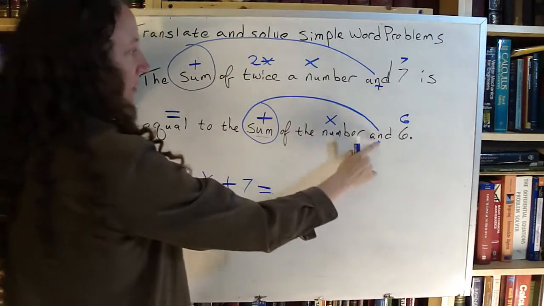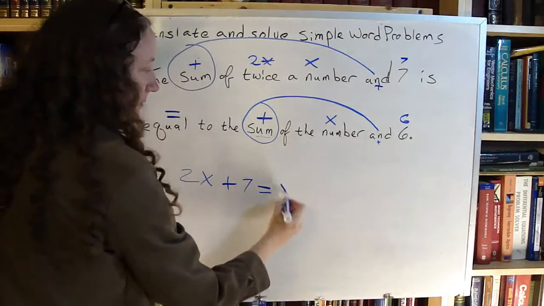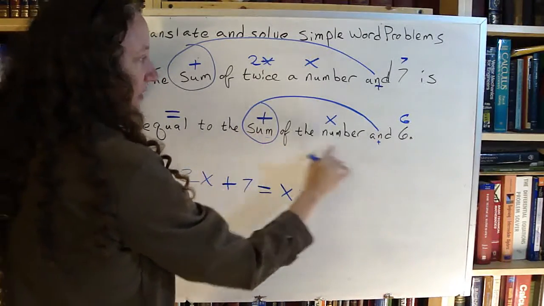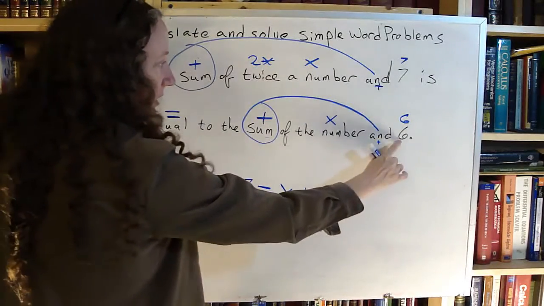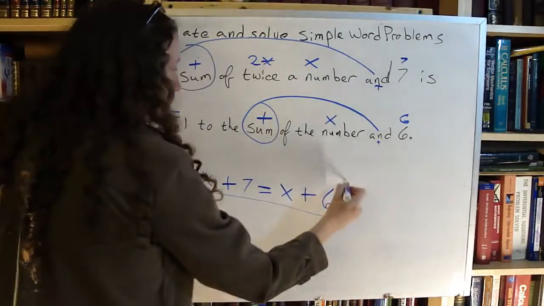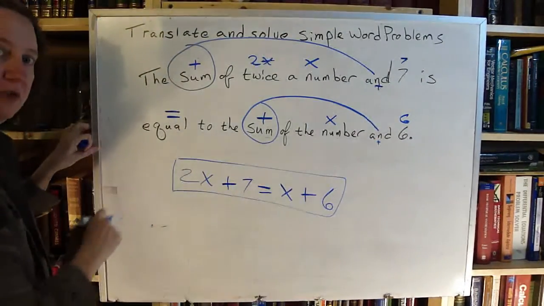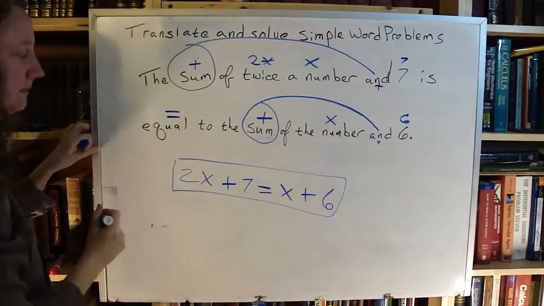So sum doesn't go into place until we get to the word and. So we have number, then sum, then 6. That's my translation. Next, I need to solve it.